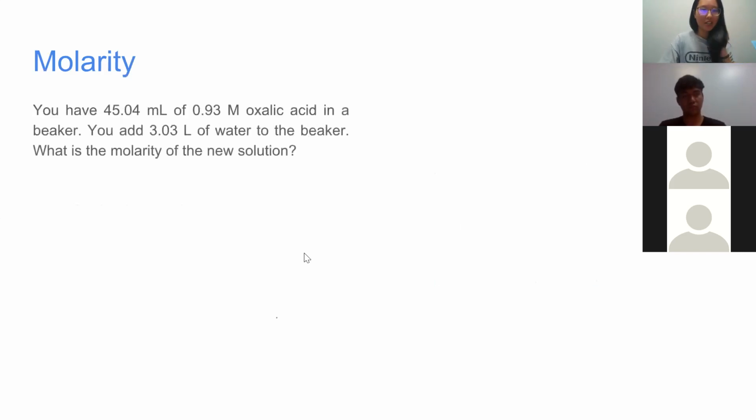So let's try another practice problem. You have 45.04 mL of 0.93 molar oxalic acid in a beaker. Then you add 3.03 liters of water to the beaker. What is the molarity of your new solution?